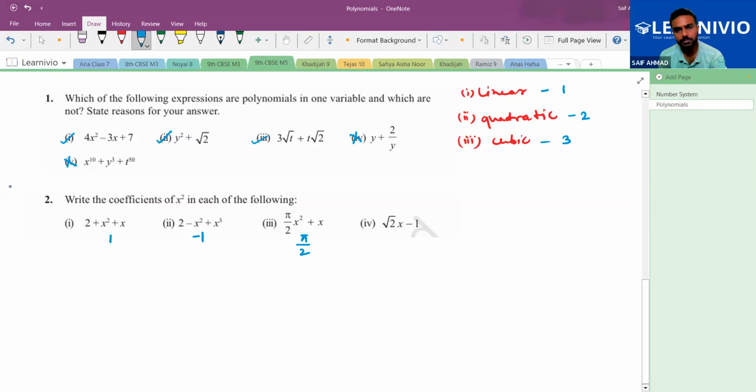In the fourth one, Suleiman? Sir, the answer is 0, because they are asking for x power 2, and in the fourth one there is no x power 2. So it will be regarded as 0. The polynomial does not contain the term x square. That's why the coefficient of x square here is 0.